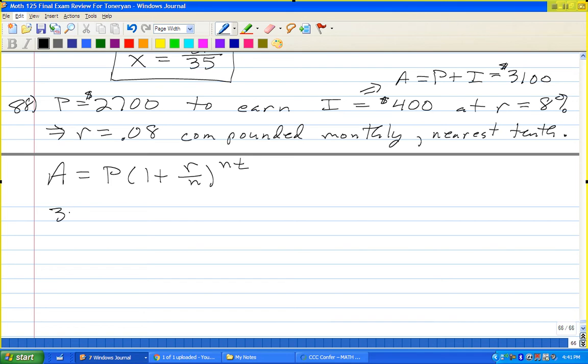So A here is 3,100. P is 2,700. r is 0.08. There are 12 months in a year, and I want to figure out what t is. So let me divide both sides of my equation by 2,700.